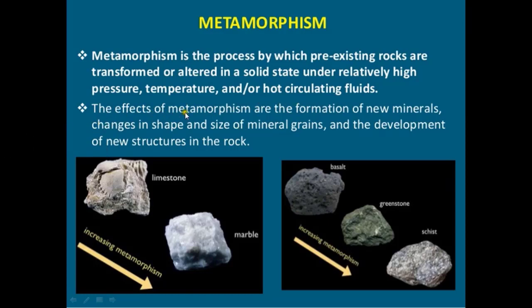The effects of metamorphism are the formation of new minerals, changes in shape and size of the mineral grains, and the development of new structures in the rock. Here you can see increasing metamorphism from limestone to marble, and also the basalt, the greenstone, and these different rocks.